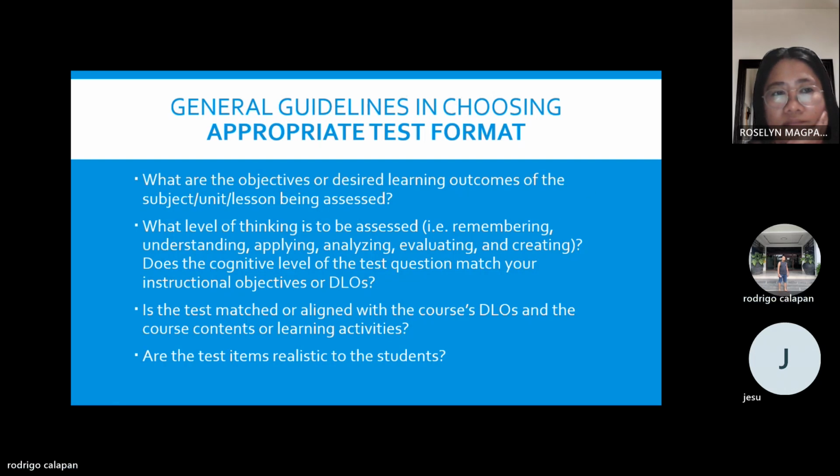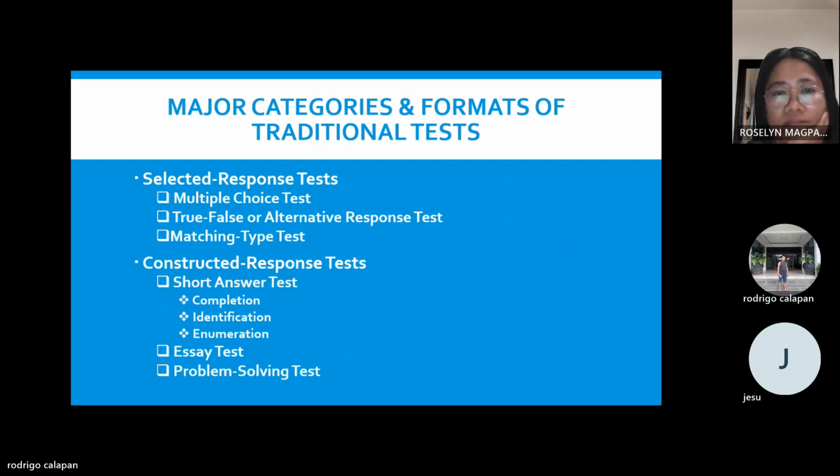So, moving on, we have the major categories and formats of traditional tests, which are very important in a face-to-face class scenario. For the purposes of classroom assessment, traditional tests fall into two categories.